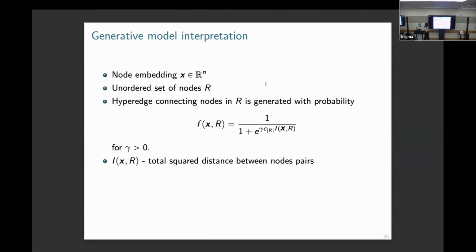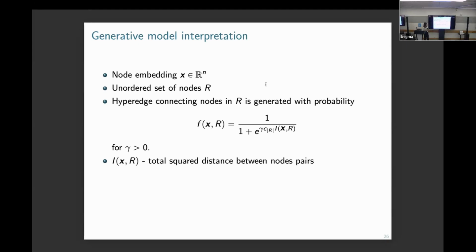And the model is described as follows. X is the embedding of the nodes. We have n nodes, and R represents an unordered set of nodes. This unordered set R can either be connected or disconnected, and the connection probability is given by f(X_R), which is 1 over 1 plus the exponential of gamma C_R times I. Gamma is a free decay parameter controlling how quickly the likelihood decays when the nodes are further apart.